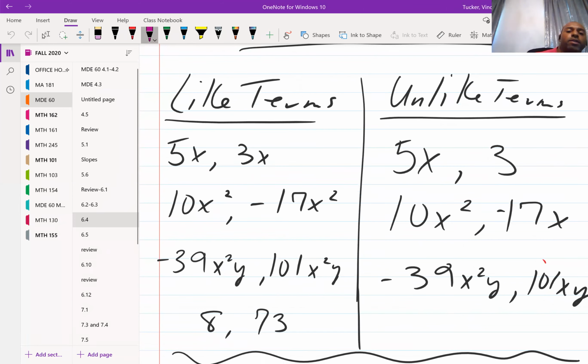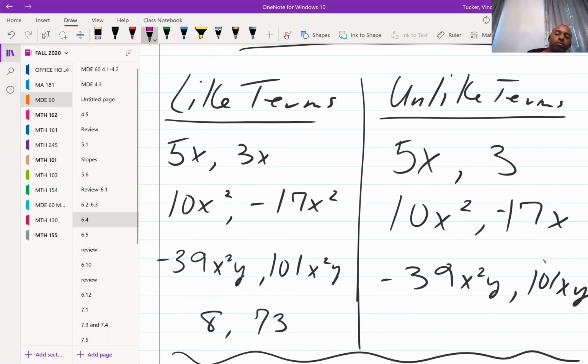So when we look at this column over here, 5x and 3x will be considered like terms. 10x squared and negative 17x squared, like terms. They both have the power 2 on the x. Negative 39x squared y and 1 x squared y. Both of them have x squared y, so they're like terms. And then even regular numbers that do not have any variables at all are considered like terms.